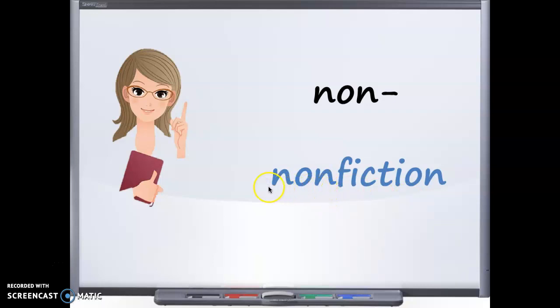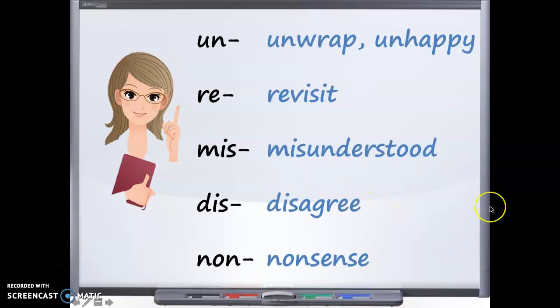So if I have a word that means not fiction, what does that mean? That means it is not fake, so it must be a true story. So non means not. A story that is nonfiction is not a fictional story.